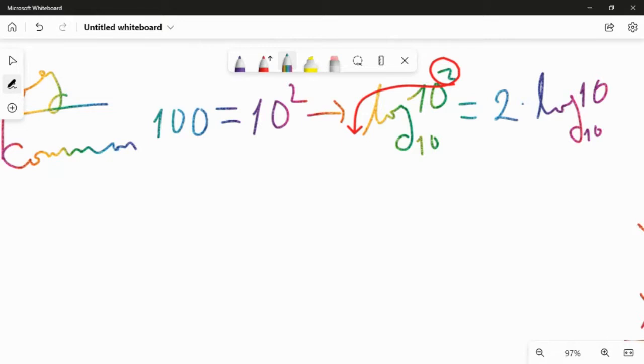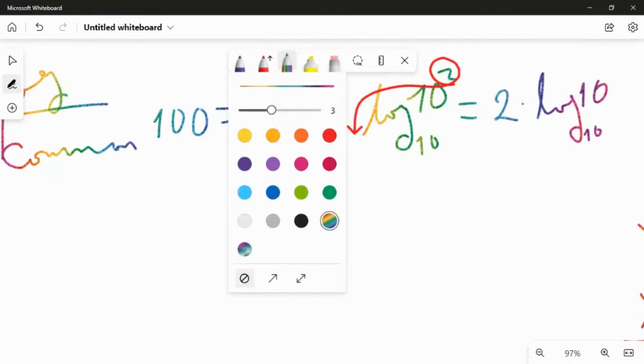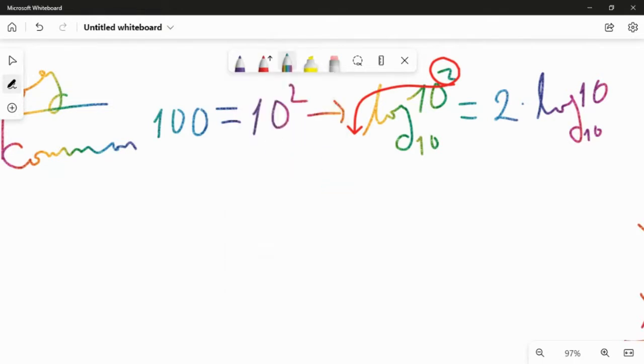So it turns into a z equals x times y structure.